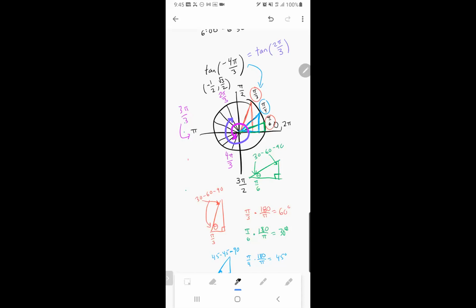And the tangent is just the y value divided by the x value. So that would be root 3 over 2 divided by negative 1/2. And again, the 2's cancel, and that gives you negative square root 3. That's how it's done.